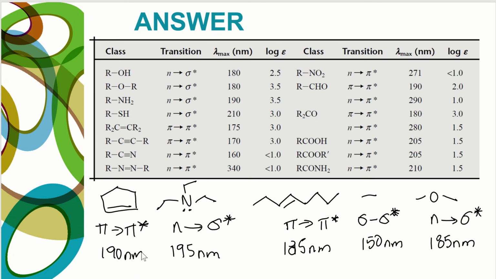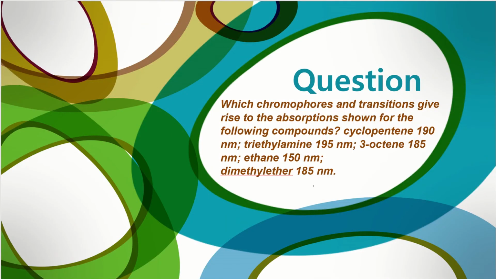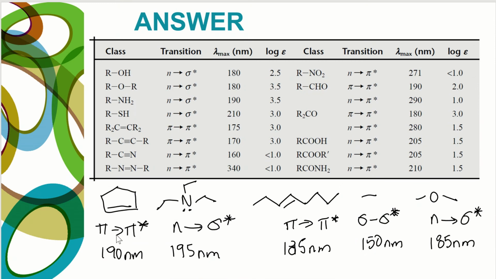All right, so I went ahead and drew these compounds. So hopefully my answer is similar to what you had. So for the first one, which was cyclopentene, we have one double bond. So in the cases where we have one double bond, we have the pi to pi star transition.